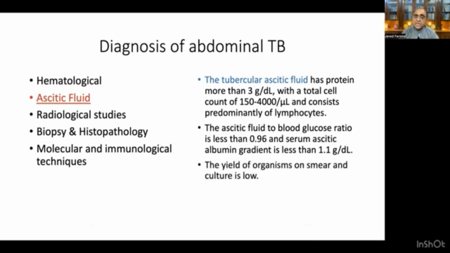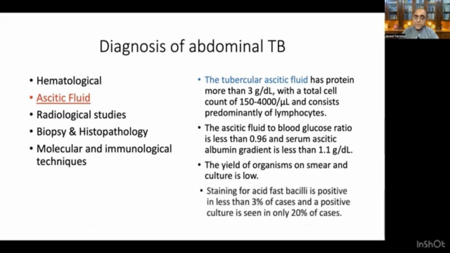The yield of organisms on smear and culture is low. If you send this ascitic fluid for culture, the yield will be low. Staining for acid-fast bacilli is positive in less than 3% of cases, and a positive culture is seen in only 20% of cases.